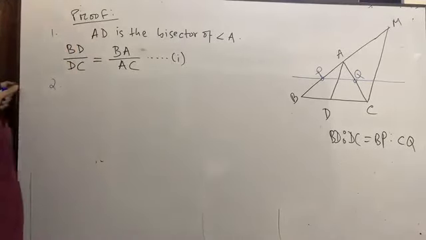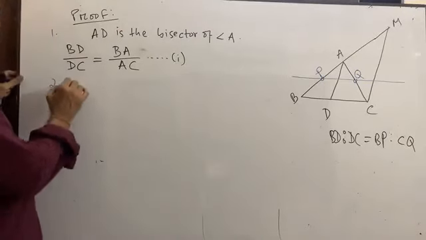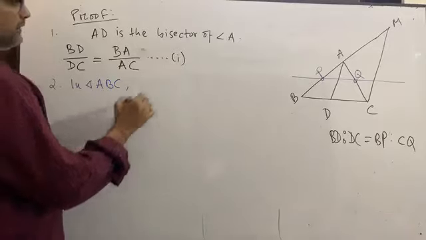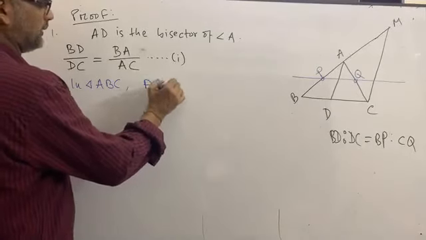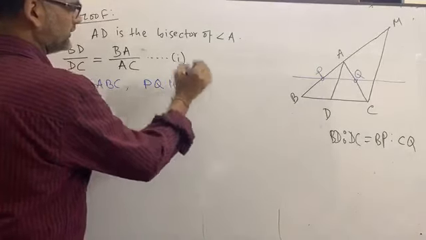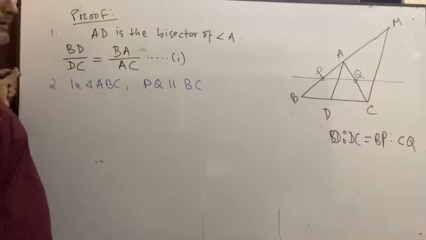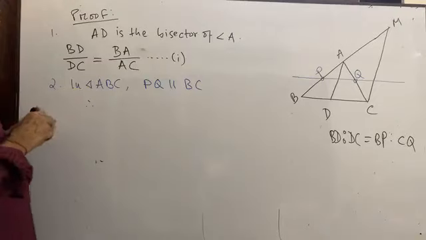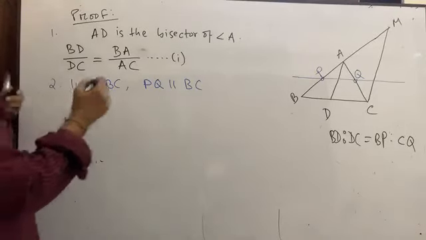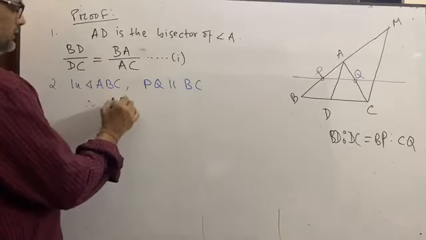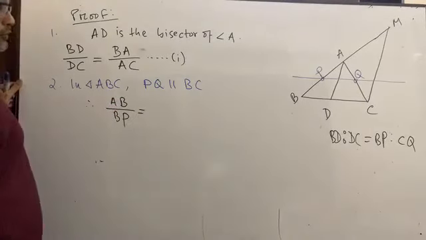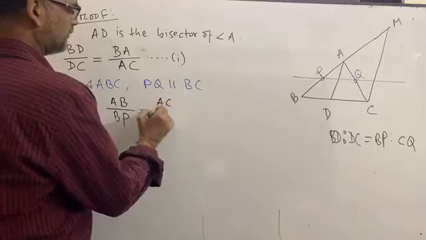Step 2, again, in triangle ABC, PQ is parallel to BC, right? Therefore we can write AB by BP is equal to AC by CQ.